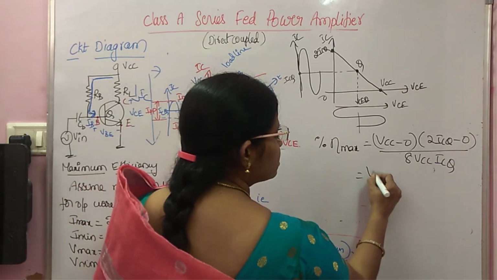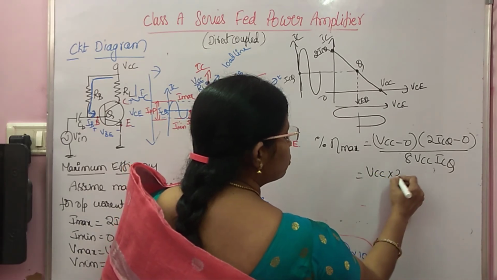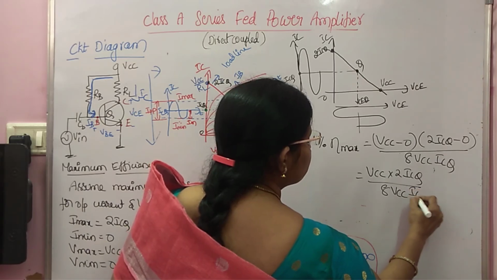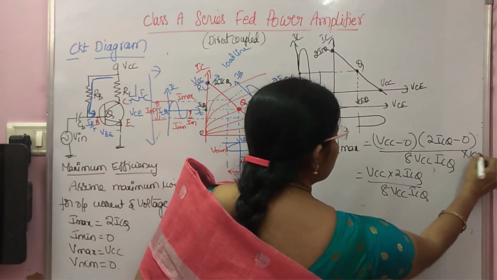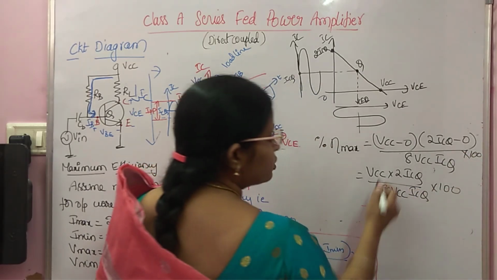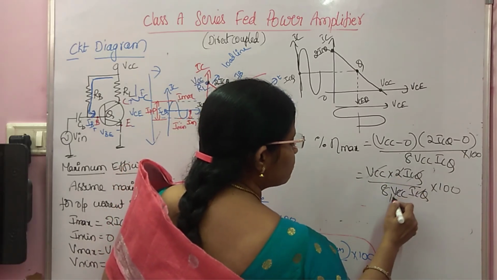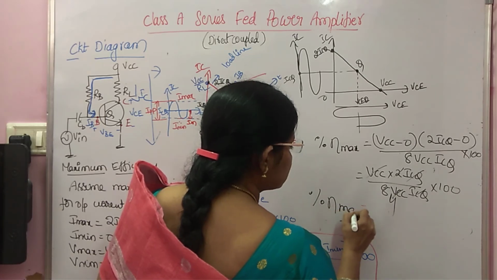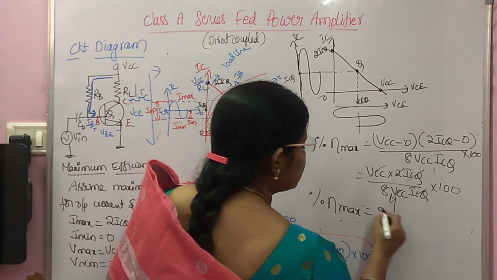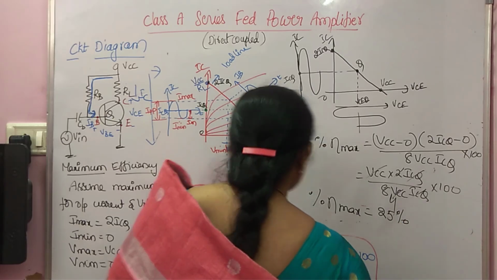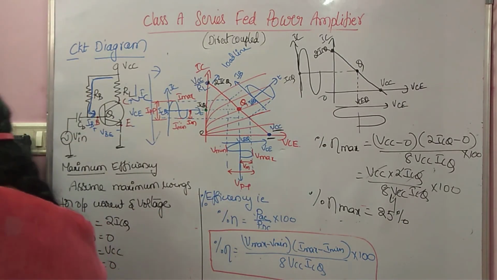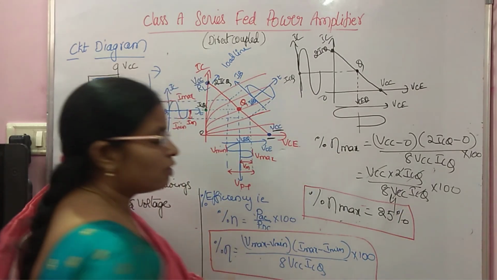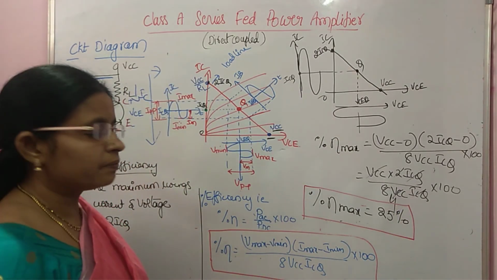So it is VCC into 2ICQ by 8 into VCC into ICQ. Here, remember, keep 100. Cancelling, this will be 4. So percentage eta max is 1 by 4 into 100, which is 25%. So this is the maximum efficiency of the class A series fed power amplifier.